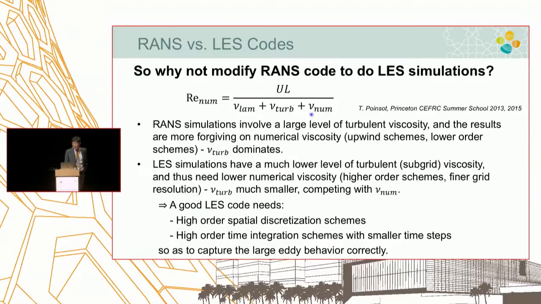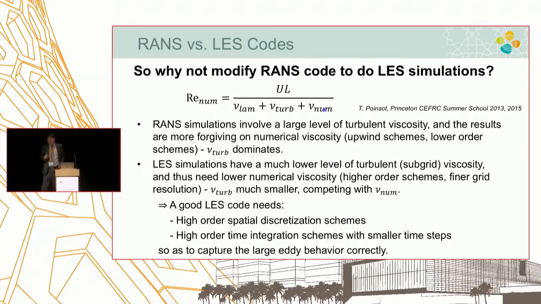But when you want to use the same code with LES, we're talking about much higher resolution, and the subgrid kinetic energy part, which contributes to this turbulent viscosity component, is not a lot. So we are reducing this from 100 to 10. Now, if this was 10, now I have to worry. So that's the main point I would like you to carry on.